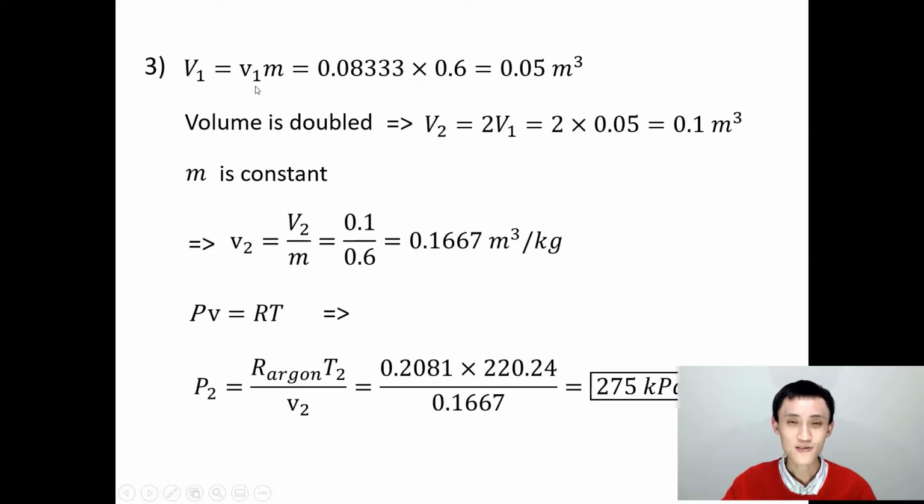Volume is specific volume times mass, and the mass does not change. So if the volume is doubled, the specific volume is doubled as well. So our specific volume is this number, and you can plug it in, and it turns out the final pressure is 275 kPa.